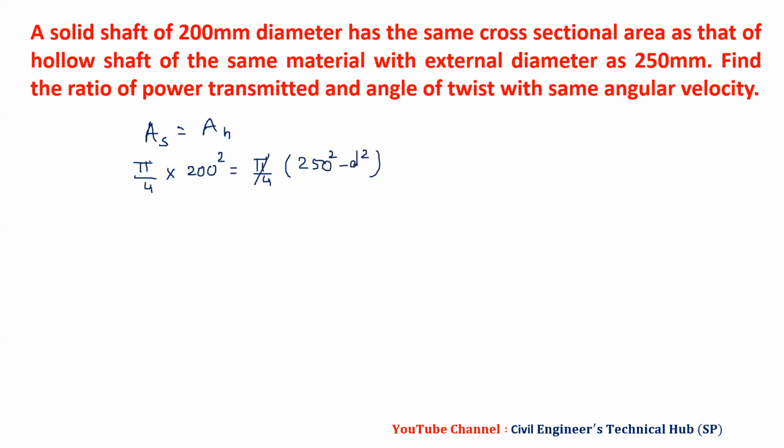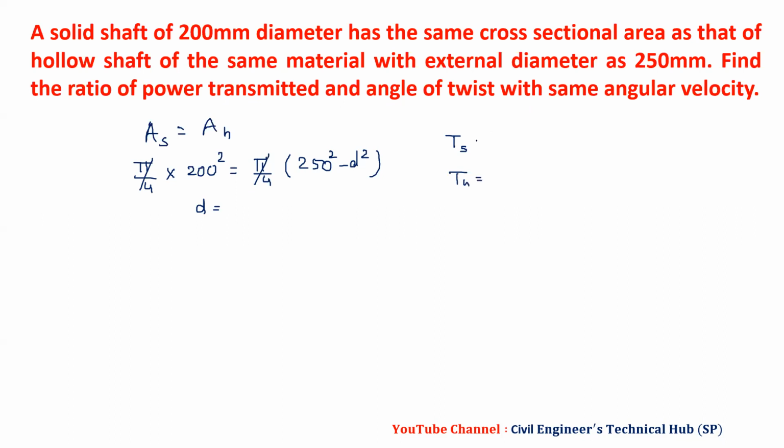From that we can find the value of d. And then we have to find the ratio of power transmitted and angle of twist.